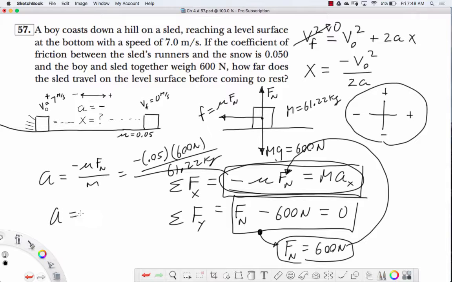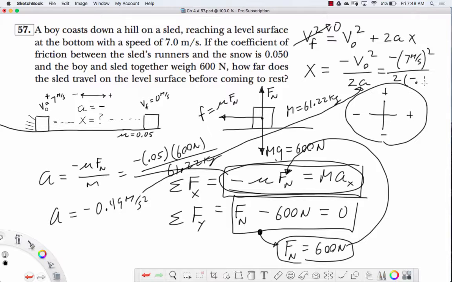This gives an acceleration of negative 0.49, which then gets plugged into our kinematic. So it's going to be negative the initial velocity, 7 squared, over 2 times negative 0.49. Negatives cancel, and our x comes out as 50 meters.